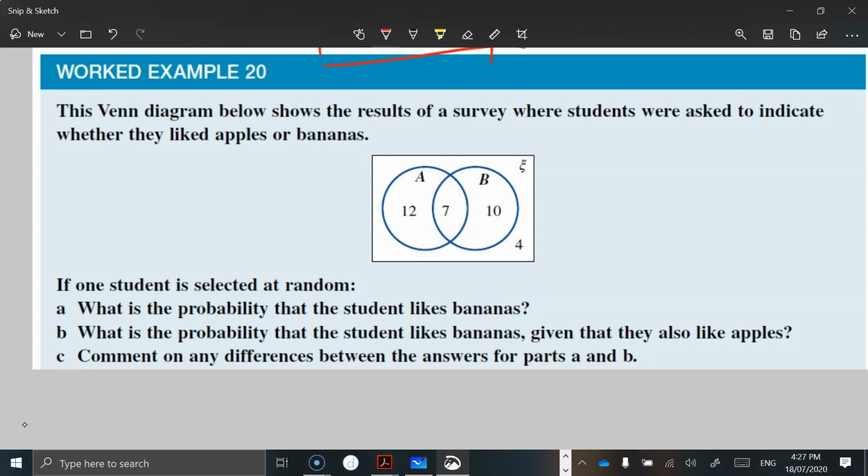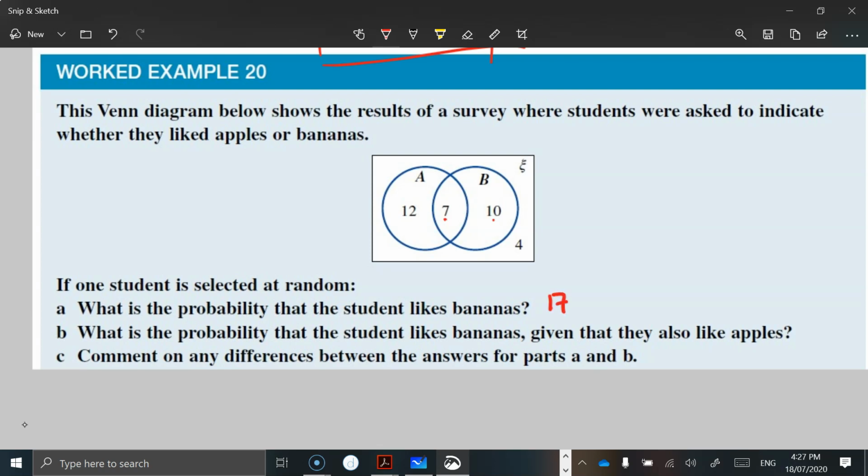Okay, so what is the probability that the students like bananas? The probability of students liking bananas is 7 plus 10, which is 17 students.